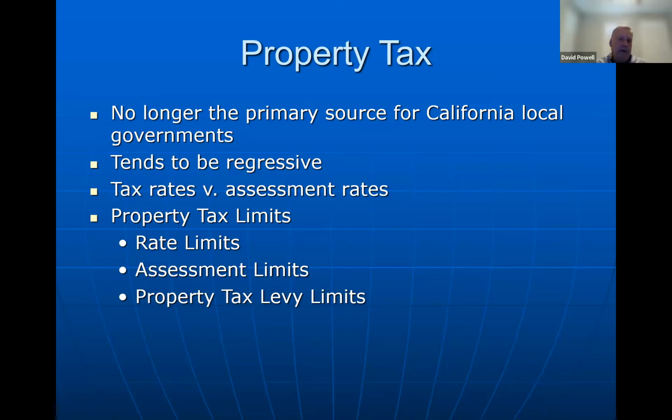Property tax levy limits are restrictive in terms of the amount of revenue a local government can generate. Because once you have that rate limit combined with an assessment limitation, it means that there's no wiggle room. There's no way that you can generate additional money out of your property tax. So property tax levy limits are restrictive and restrict the amount that can be generated from the property tax.